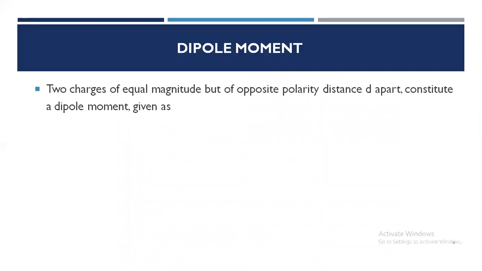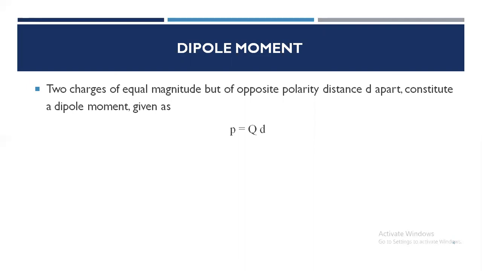Let's see the dipole moment. Two charges of equal magnitude but of opposite polarity, distance d apart, constitute a dipole moment given as P equals Q into d, where P is the dipole moment in coulomb meter.